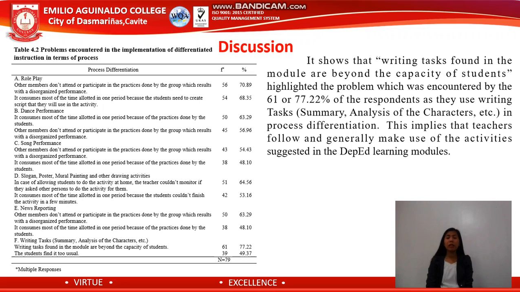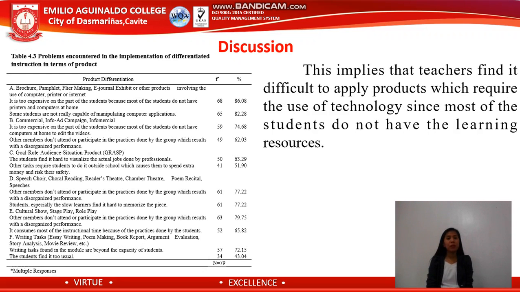It shows that writing tasks found in the module are beyond the capacity of the students, which was the problem encountered by 77.22% of the respondents. Table 4.3, problems encountered in terms of product. This implies that the teachers find it difficult to apply products which require the use of technology, since most of the students do not have the learning resources.